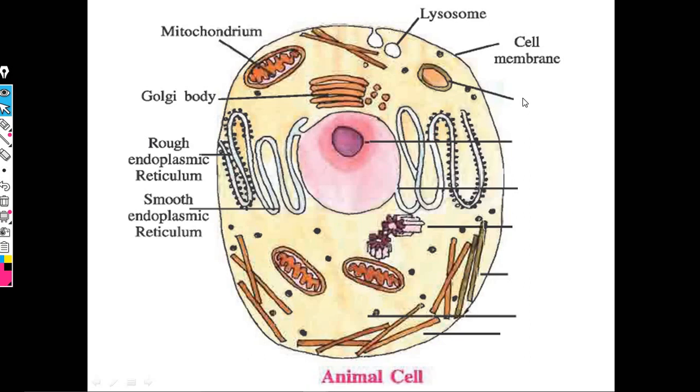That's called a vacuole. Vacuoles are not well developed in animals. Here is the nucleus, and inside the nucleus, can you name this? Yes, it is the nucleolus. What is the function of the nucleolus? It is for the synthesis of ribosomes. Here you can see that membrane. This membrane is called the nuclear membrane.